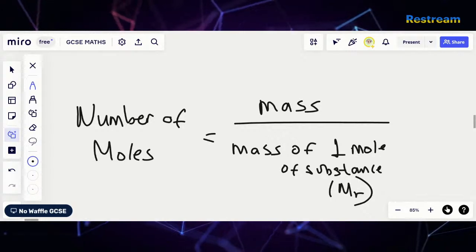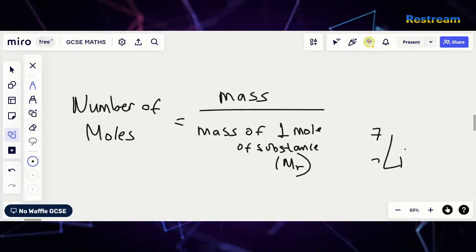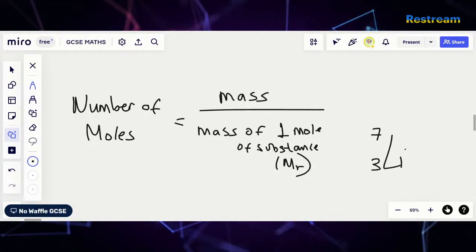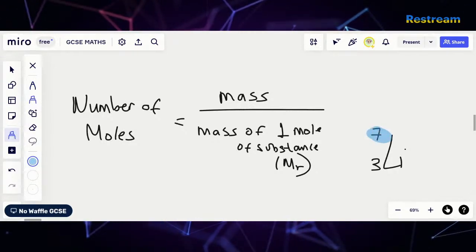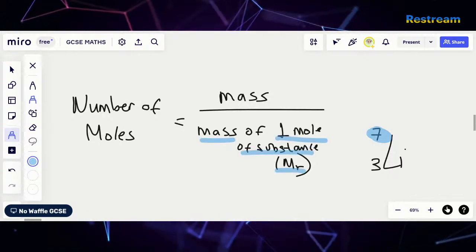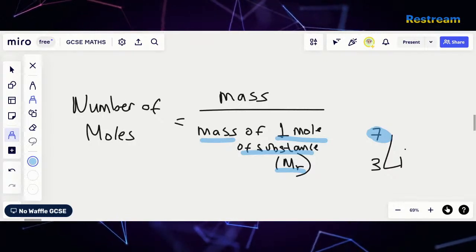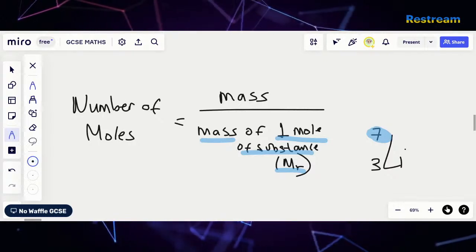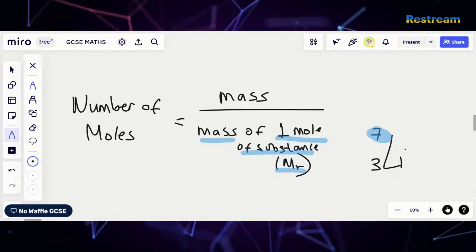So when you see, for example, lithium 7, 3, the mass number, this very number here, is the mass of 1 mole of this. So 1 mole of lithium is 7. That's what it means, basically. And the mass is how much you have of it. So that's the key equation.